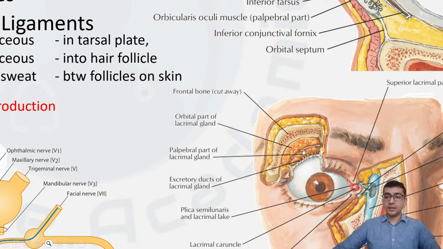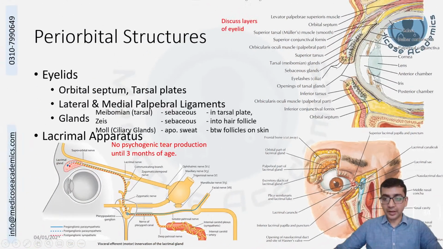These open through multiple small openings into the conjunctival fornix, and the secretions get into the conjunctival fornix here.